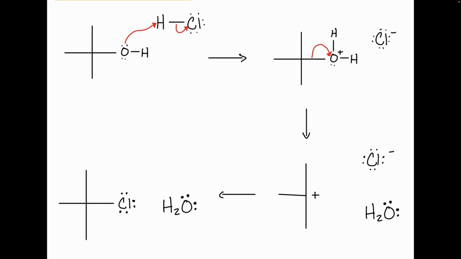Do we have any bonds being broken? No bonds being broken. Do we have any new bonds being formed between our carbon and our chlorine, right? So I'm going to start out with that lone pair on that chlorine and drag that pair of electrons over to form that new bond with what was my carbocation.